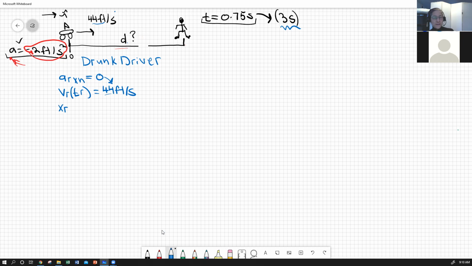And the distance that we are going to go during our reaction time is going to be a function of time. 120 plus 12, 132.